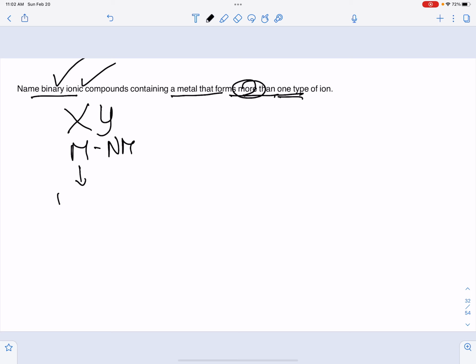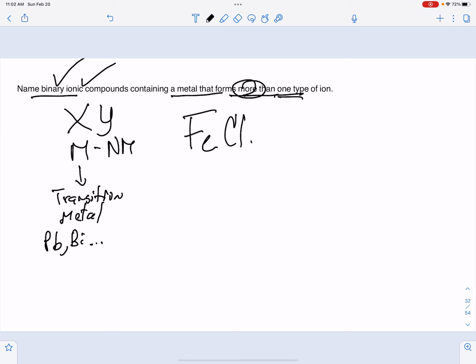This is a transition metal for the most part, or it could be lead, it could be bismuth, and all the other ones that I showed you on the periodic table. So how do we do that? Let's say that we have these 2 compounds. How do we know which is which? Well, this is what we're going to have to do.